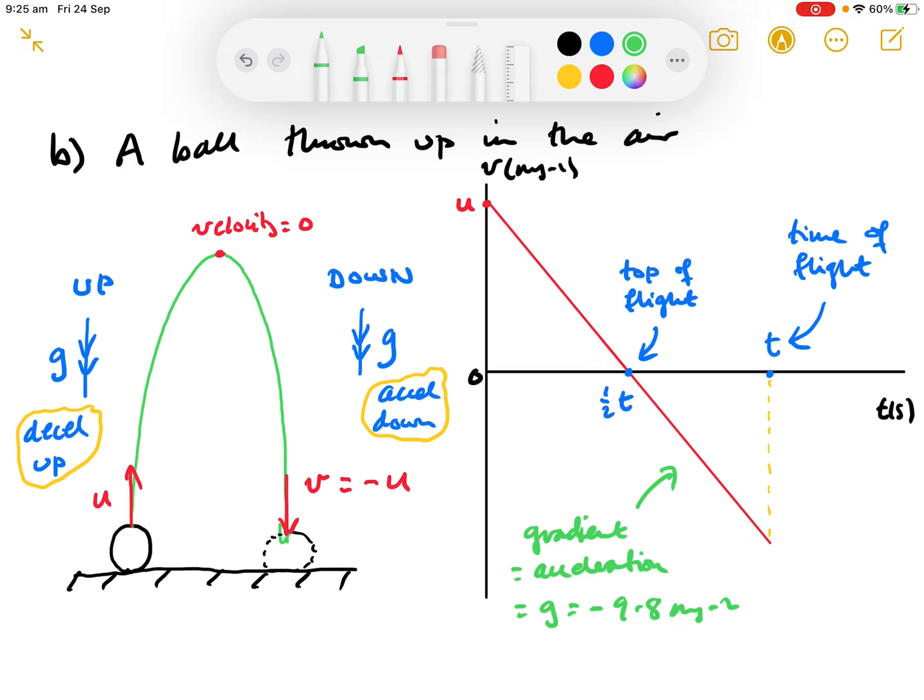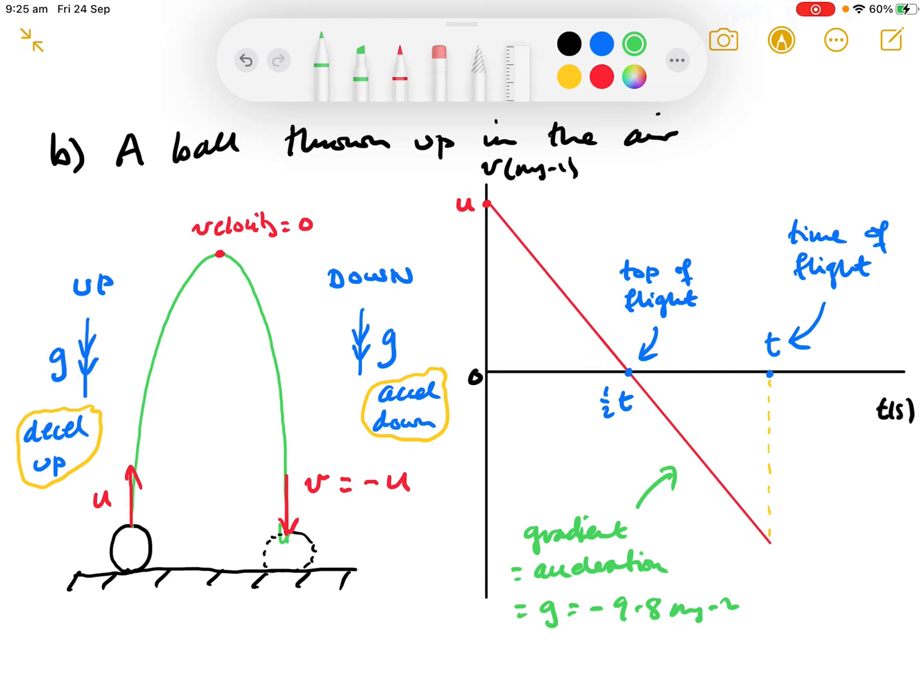One final observation here. Notice at half t, that's the halfway point, the top of the flight, the ball is still accelerating there. The VT graph still has a gradient of minus 9.8, and it can be tricky to understand that, but the ball is still accelerating even though it's at the top of the flight and is momentarily at rest.